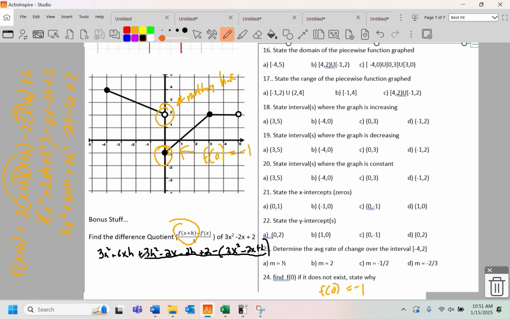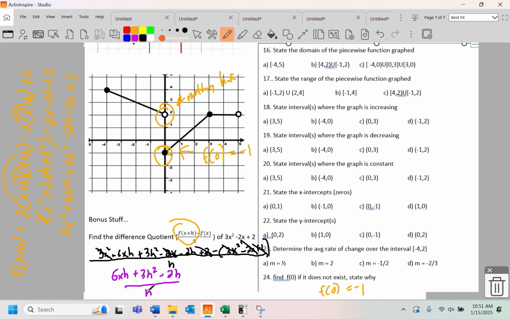And this is all over that h. Now, whatever's in parentheses will cancel. There'll be something on the outside that it cancels with, so it cleans up very quickly. I am left with 6xh plus 3h squared minus 2h, all sitting over an h.